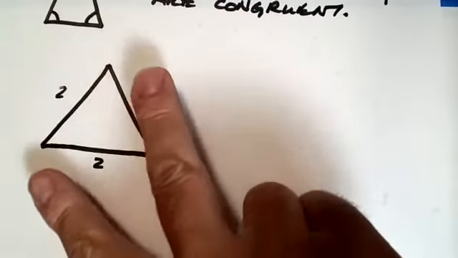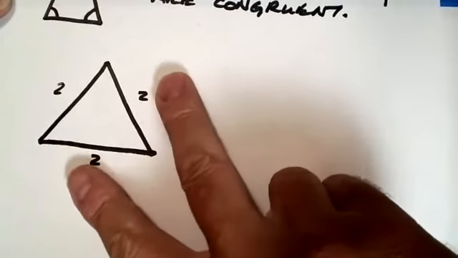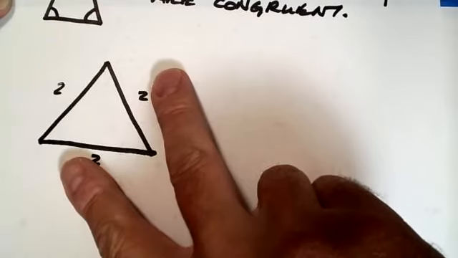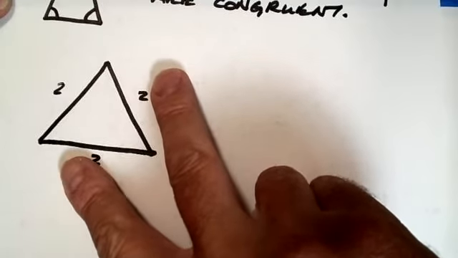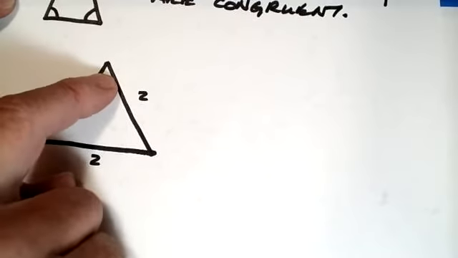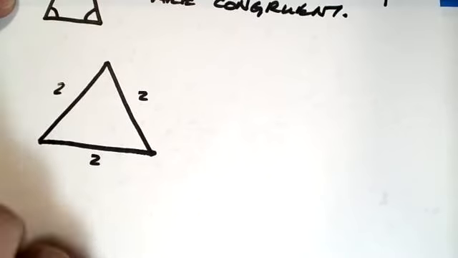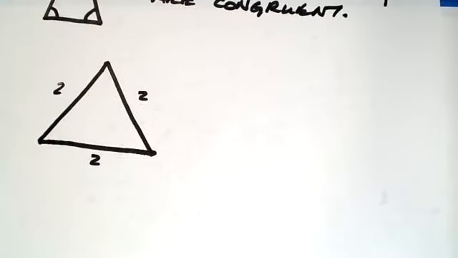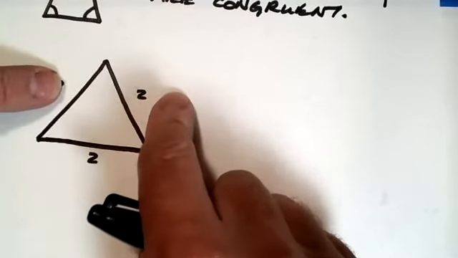So I want you to think for a second. These two sides are equal to each other. So this is an isosceles triangle, and therefore, by the base angle theorem, this angle is equal to that angle, right? Now, looking at it from another perspective, these two sides are equal.